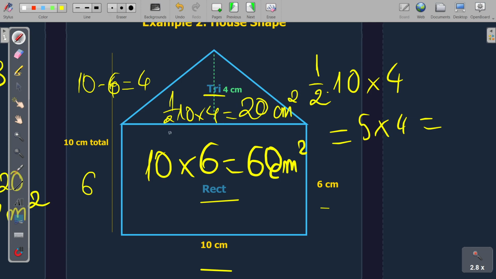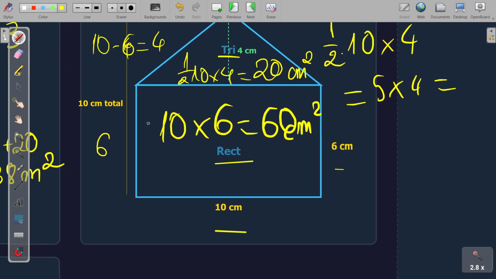And because the total area is just the addition of these two shapes together, we have 20 plus 60. This will give us, actually I'm going to write that outside because we want to show that it's the total area.